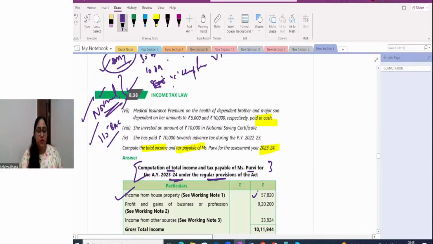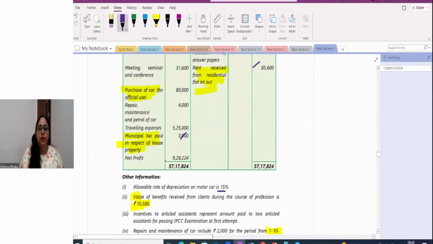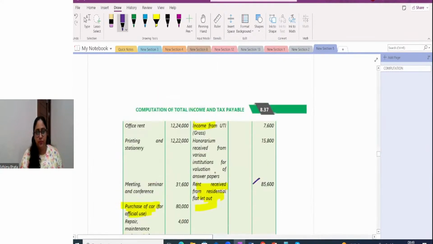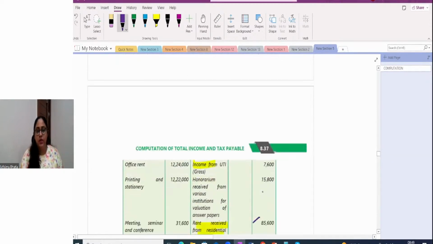Quickly, now let's go to business and profession. Now this would be very, very interesting. In business and profession, how much net profit is coming? 9,28,224. Let's first reduce the income which is not to be considered. Dividend 10,524 taken, 7,600 reduce.